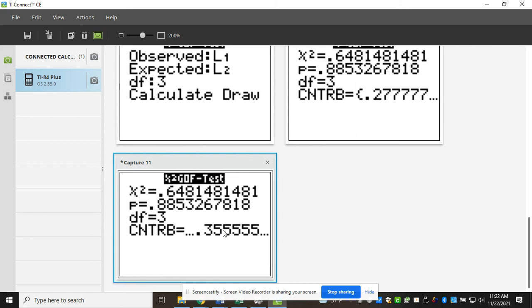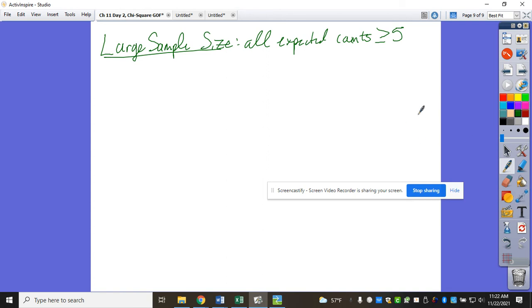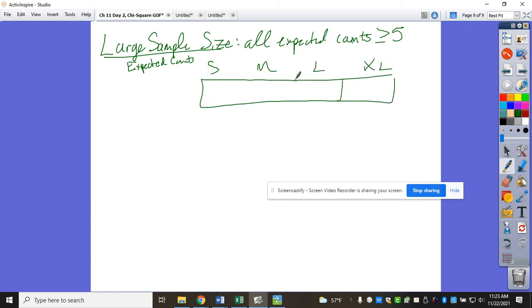So if I'm scrolling through these really quick and I say, which one contributed most to the chi-square statistic? What size contributed most to the chi-square statistic? Medium, because it had the highest chi-square contribution. So I do want to make sure that we write this on here. So I'll write this too. Your expected counts when we would get to this place would be just a really quick thing like this.